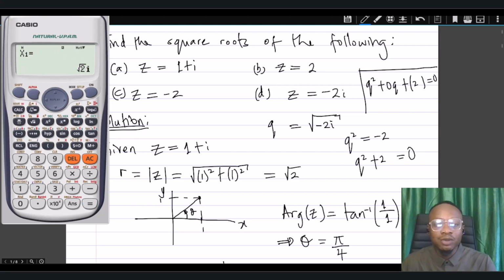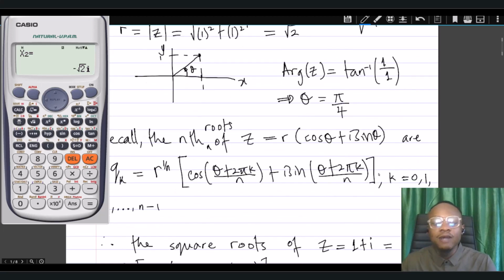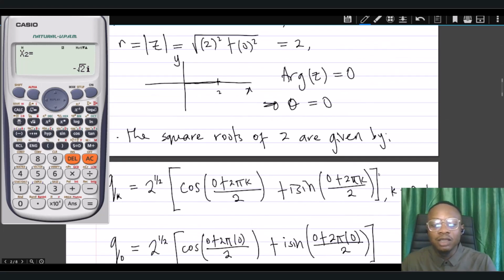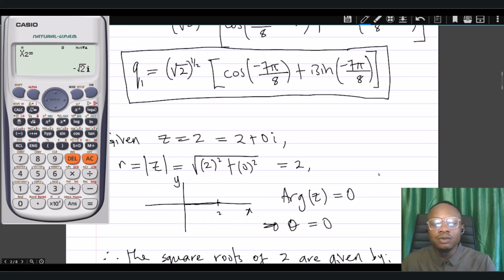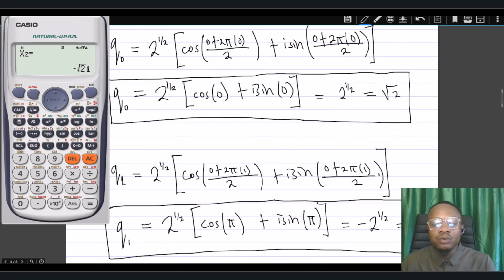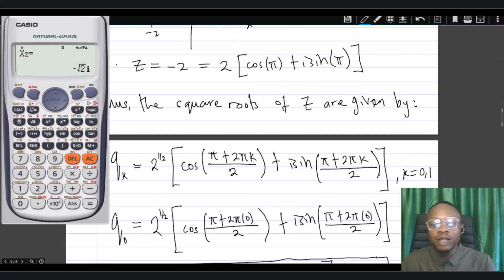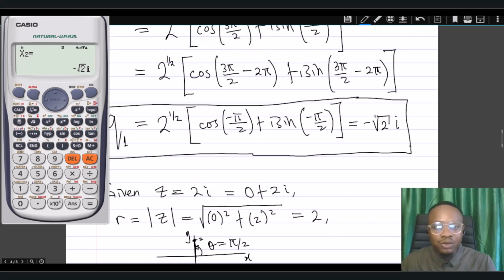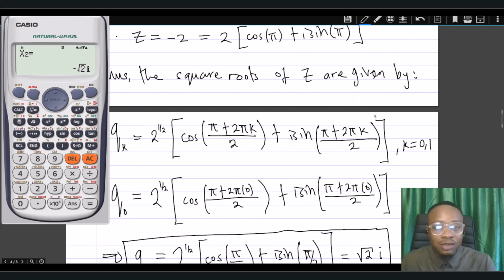It gives us root 2i and minus root 2i, which is correct, which is precisely what we obtained down here when we got the roots of minus 2. When we got the root of minus 2, you should remember we got root 2i and minus root 2i. So that works perfectly.